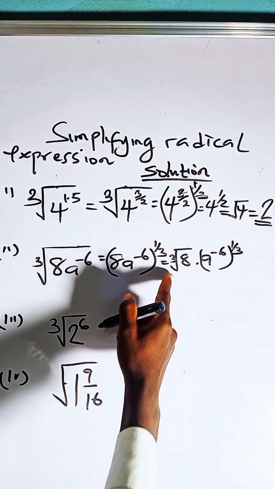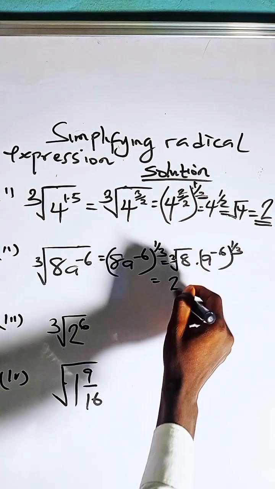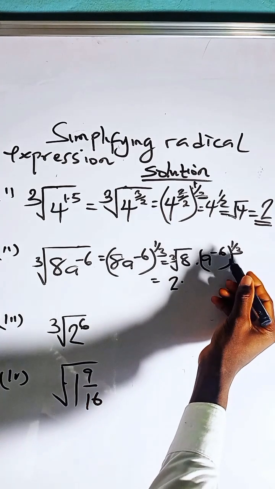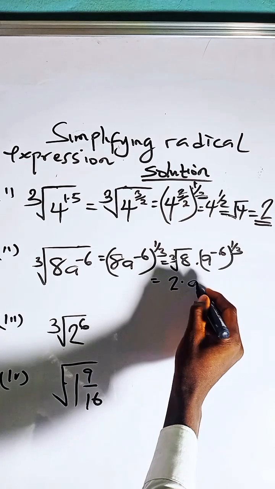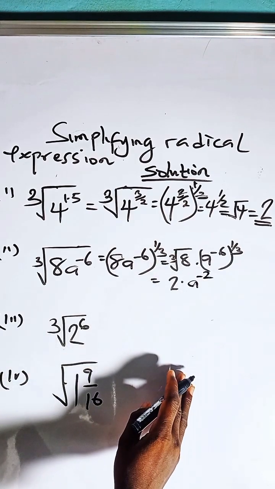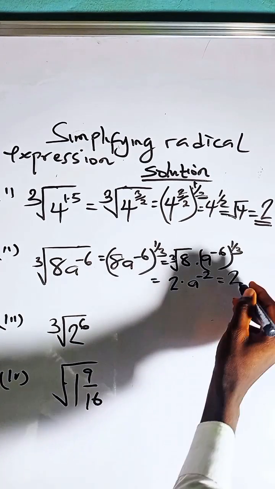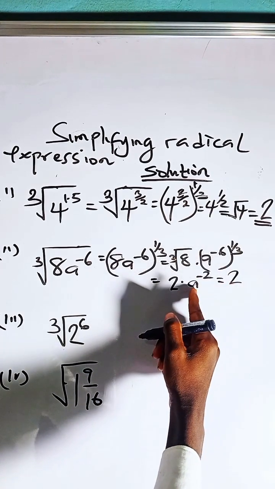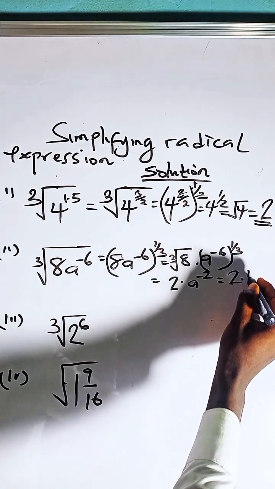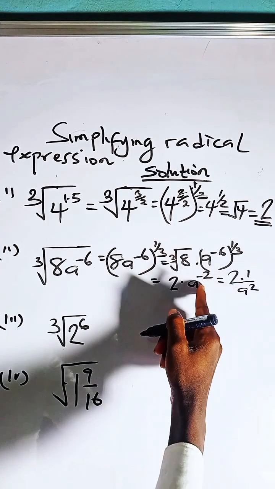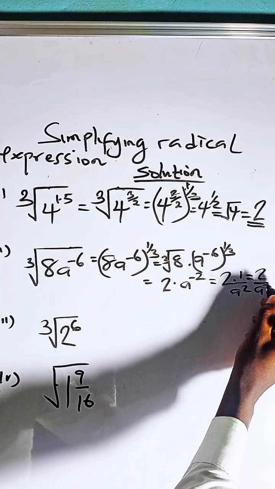The cube root of 8 is 2 times, and when we apply the exponent rule, 6 multiplied by 1 over 3 gives us a raised to the power minus 2. So for a raised to the power minus 2, when we apply the law of indices to eliminate the minus, we introduce 1 over a raised to the power 2. So that is 2 over a squared.